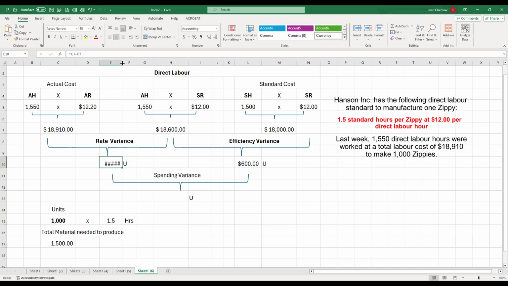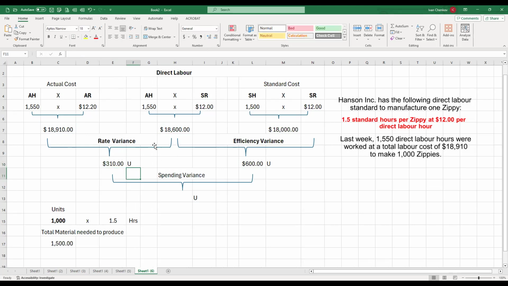We are overspending, correct? Yes. And our overspending variance will be this one minus that one, or those two together, regardless. So our overall spending is $910 unfavorable. Right?